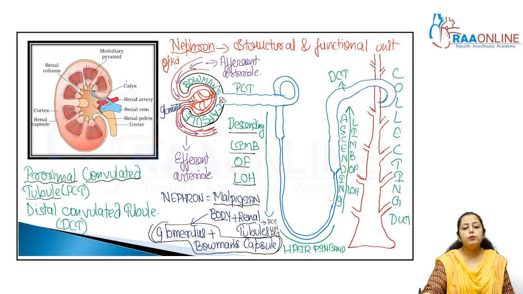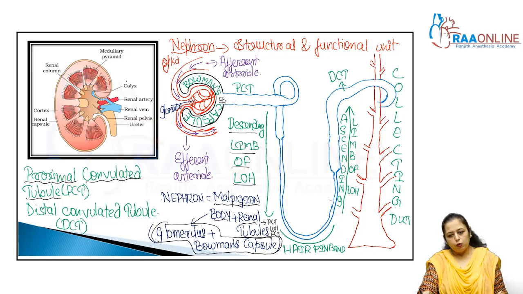Remember one thing, the collecting duct is not considered a part of the nephron, but it helps to maintain the concentration of the urine. Clear? So simply, this is the rough idea of the nephron structure. We will discuss it further.